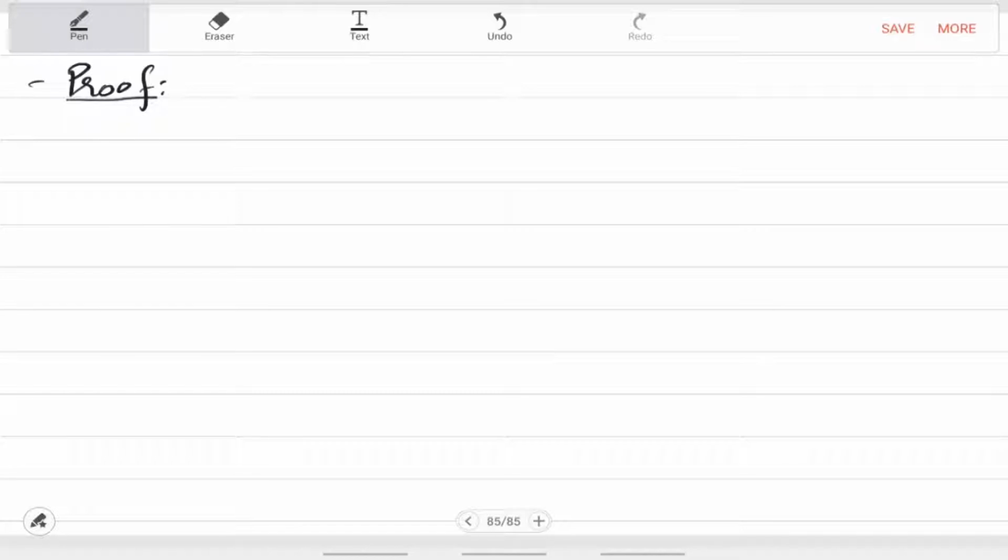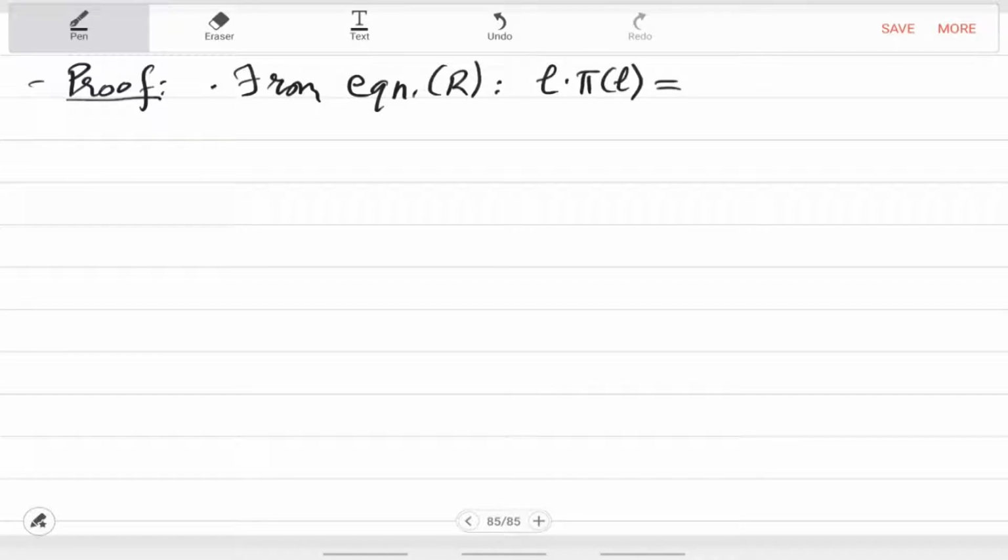So from R, what you get is L times pi L is, a sum over K divides L and K less than L.